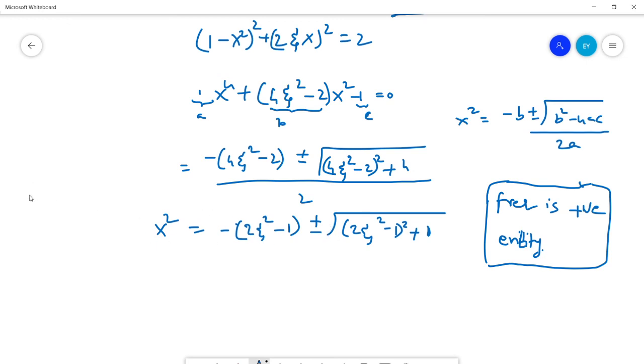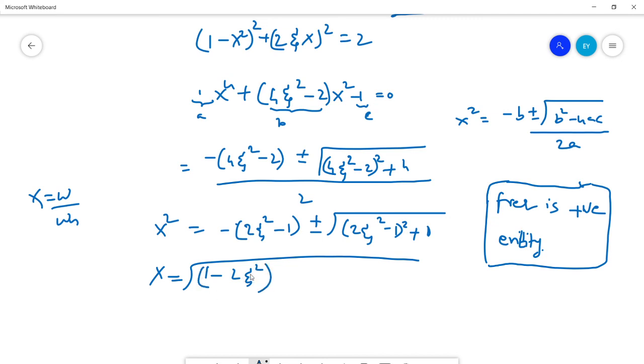Since x is equal to omega by omega n, which is the frequency, and frequency is a positive entity, therefore we need to consider only the positive value of it. X equal to square root of 1 minus 2 zeta square plus 4 zeta power 4 minus 4 zeta square plus 2, right?